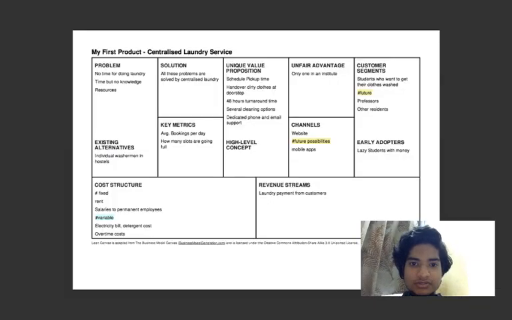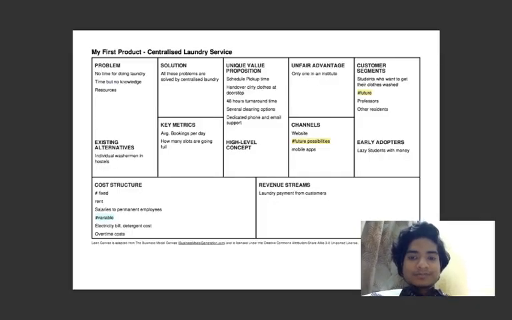Now moving on, we look at the various channels through which we would reach the customer. Till now, Express Laundromat has only implemented the website model, but in future possibilities, it would need to adapt to mobile applications, which are very handy to the customers.